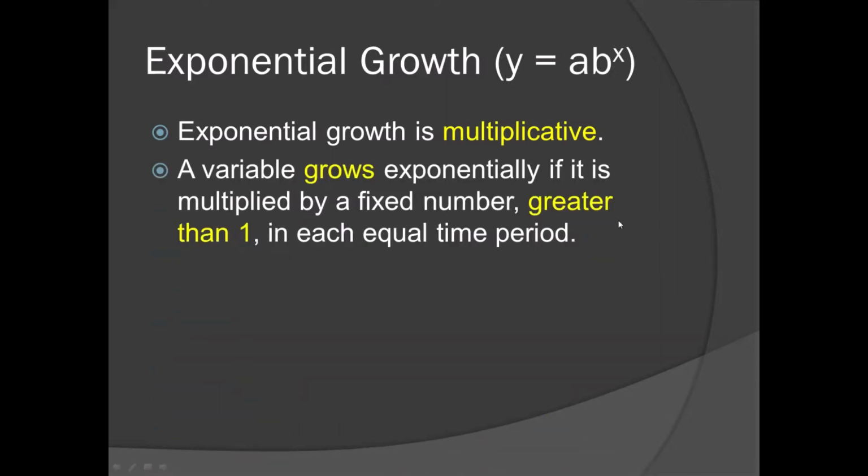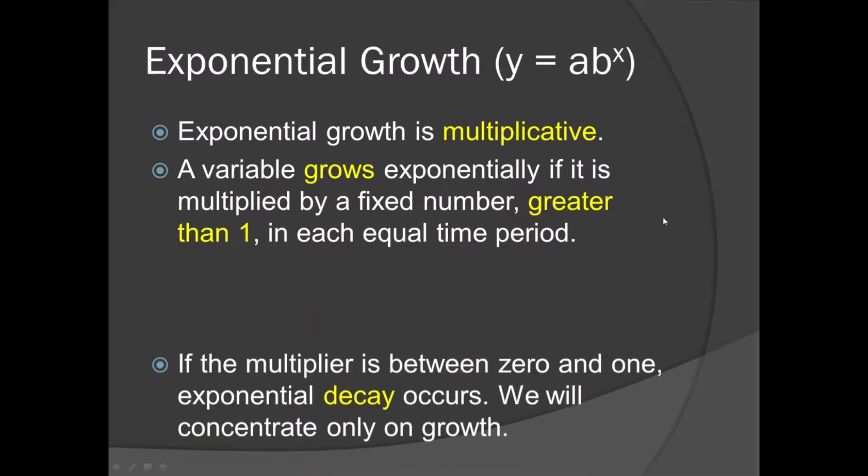We're going to deal with exponential growth. So we're going to be looking for that multiplier value to be greater than 1 in each equal time period. Now this is important. I'm sure that there are other models that we could fit into exponential, but for our purposes we're really interested in time, time being the explanatory and then whatever the outcome is being the response.